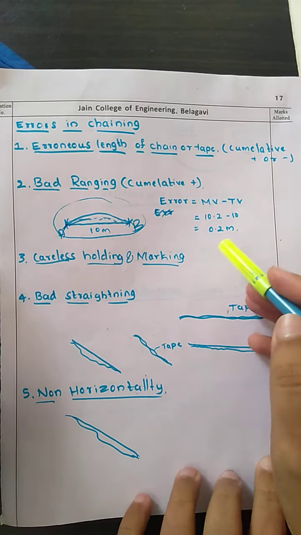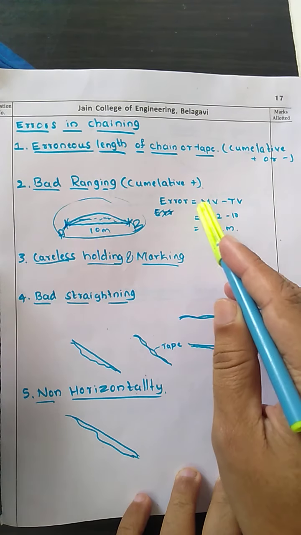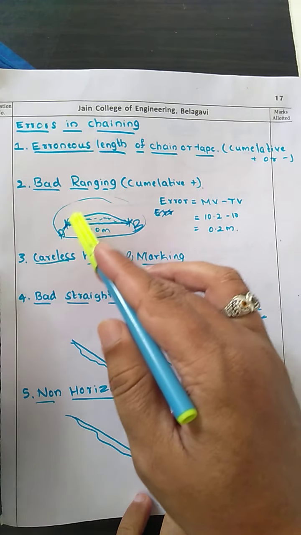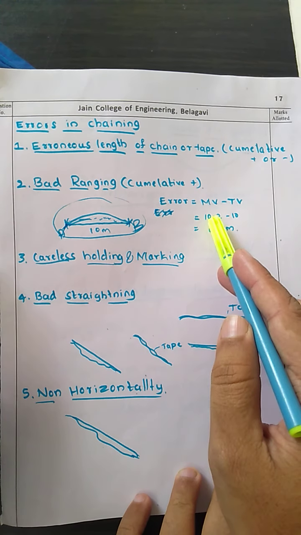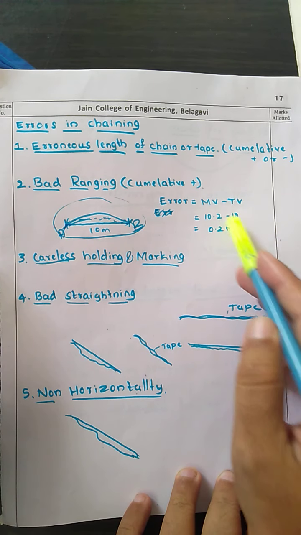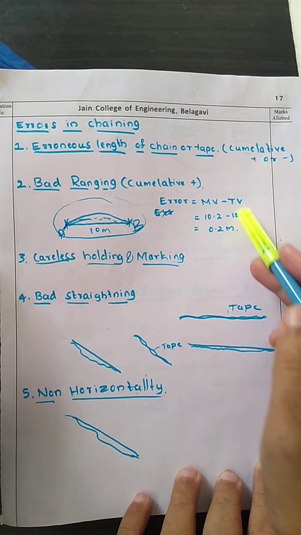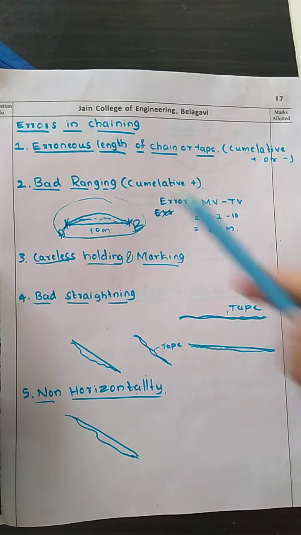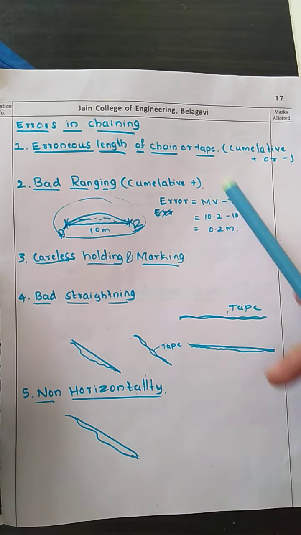For example, the exact distance is 10 meters. Now if, due to bad ranging, we measure it as 10.2, then the measured value minus the true value, 10, gives a 0.2 error. So this happens when we range badly.